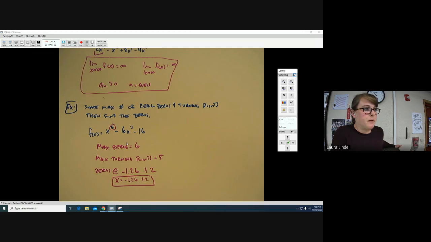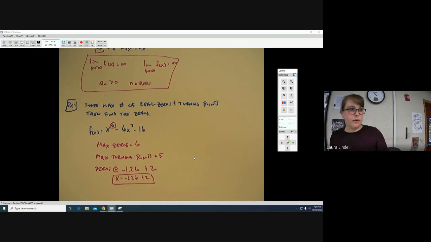So there's our maximum number of zeros, there's our maximum number of turning points, and then there's our actual zeros found by graphing. If you find ones that do factor nicely, you're welcome to factor to find the zeros, because I know we all love factoring so much. Or if you have a quadratic, you can always use quadratic formula, things like that. If you want to practice your factoring, go for it.